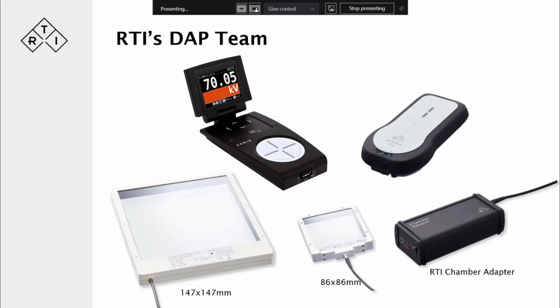If you're adding the chamber adapter separately, you need to store the calibration data onto the chamber adapter connector by yourselves using the Detector Manager program. And if you need any help on that, you're welcome to call our support team.